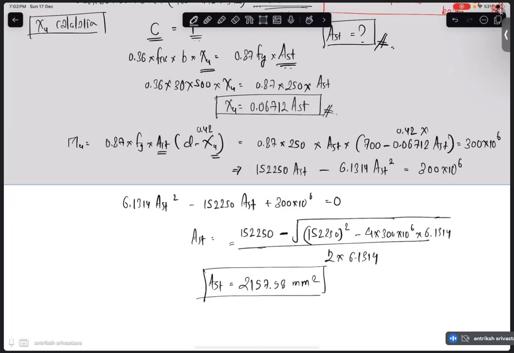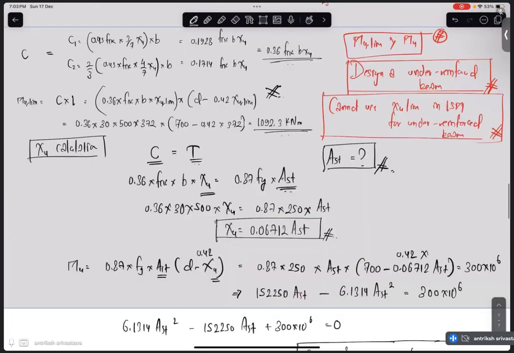This is the area of steel that is required. Now you see, as I said, taking the minus sign gives us this answer. You can imagine if we were to add them, it would be a very high quantity, and that much we cannot provide. We have to also use a little bit of logic when we are solving these quadratic expressions.